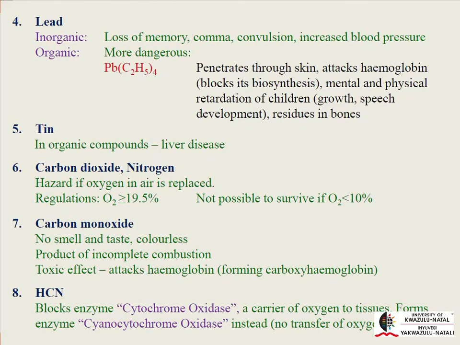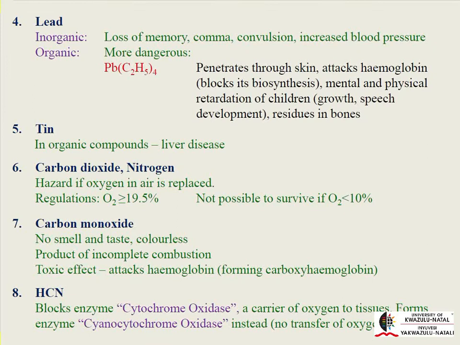Remember that we do have tin cans, which are quite nice for preserving food. That's why canned food lasts so long before it actually decomposes. However, don't ever try to cook in tin or heat that tin can up and touch that tin. It wouldn't be a good idea. Some of it can get absorbed, and that can result in liver disease.